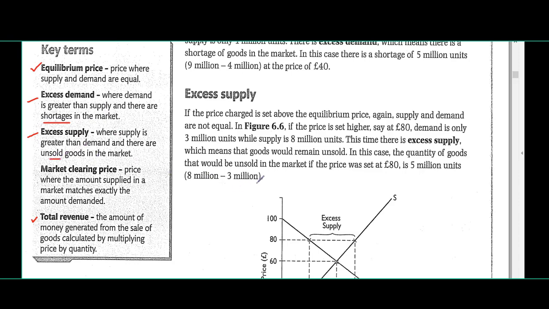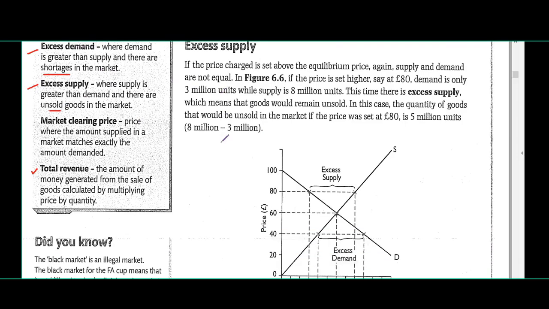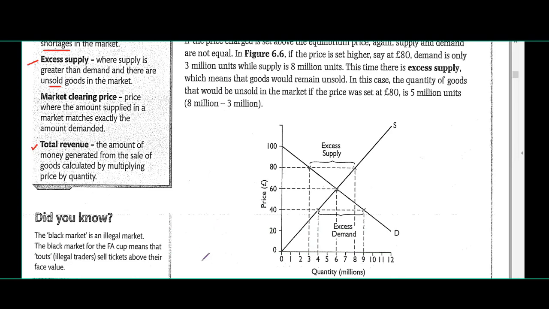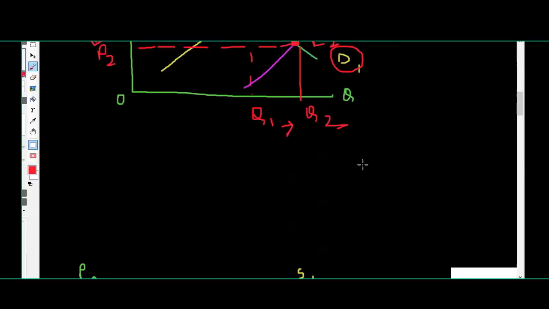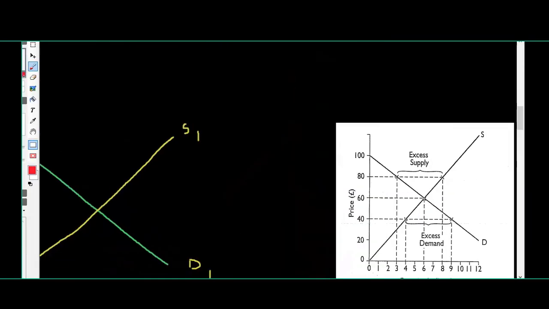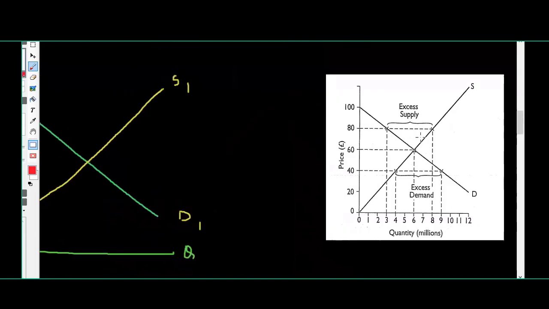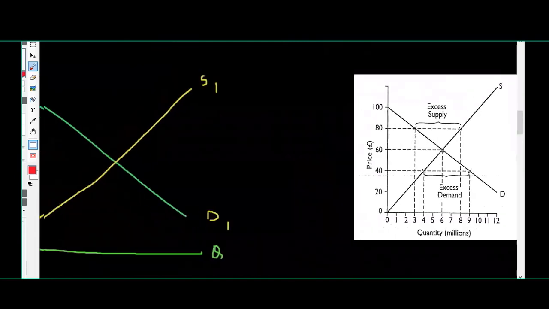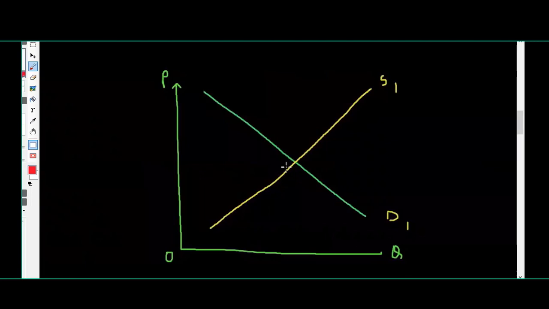So we have to see this. You just go through these definitions and learn them on your own. I'll just show you the diagram. In your book, this diagram indicates excess demand and excess supply, but let me show you a different diagram. It will be easier for you.